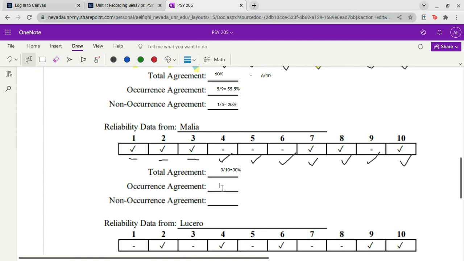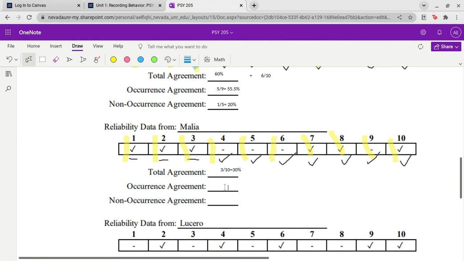Okay, so we're going to go through and do occurrence agreement. So if we find the ones where there is at least one instance of occurrence, that'd be 1, 2, 3, 4, 5, 6, 7, 8, 9, and 10. So all of the intervals have at least one occurrence.